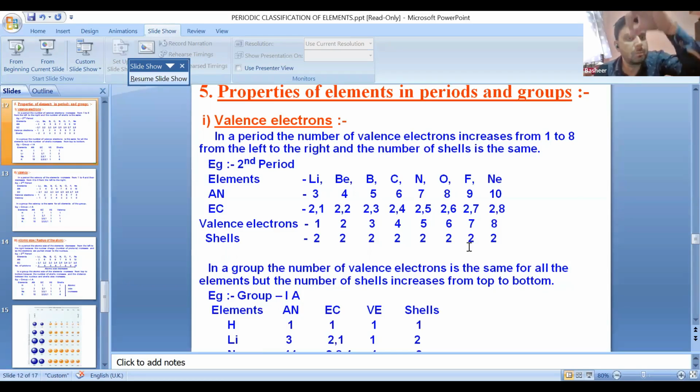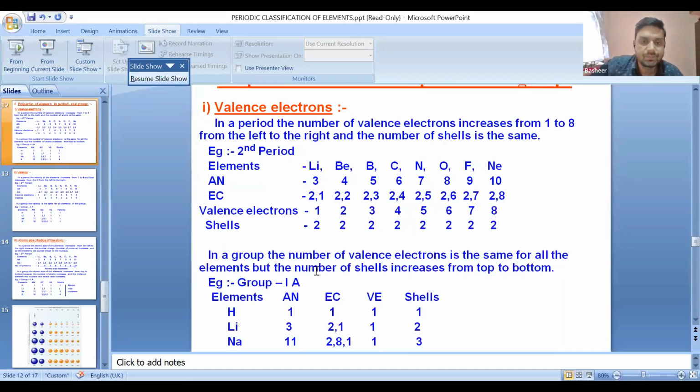So we put 1 into the second shell. So what is the valence electron of lithium? That is 1. How many shells? Only 2, because the first shell has 2 electrons and the second shell has 1 electron.